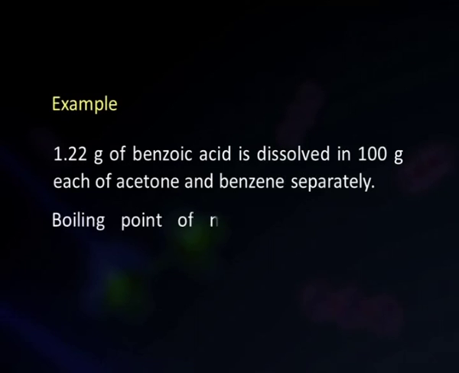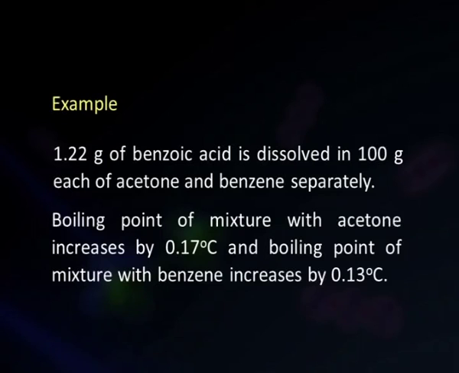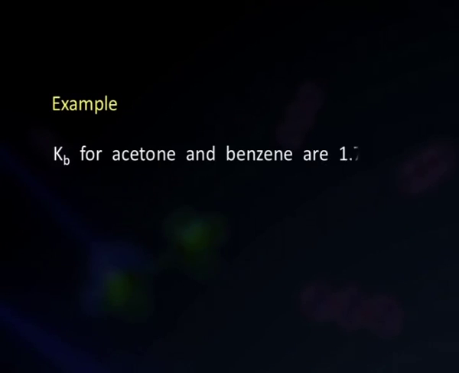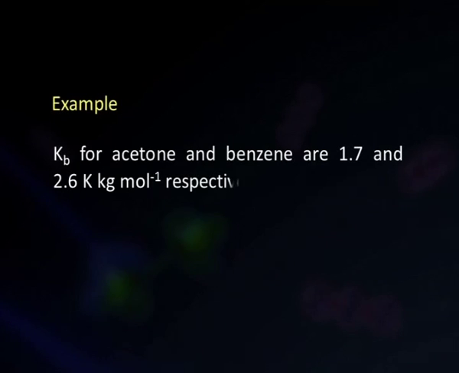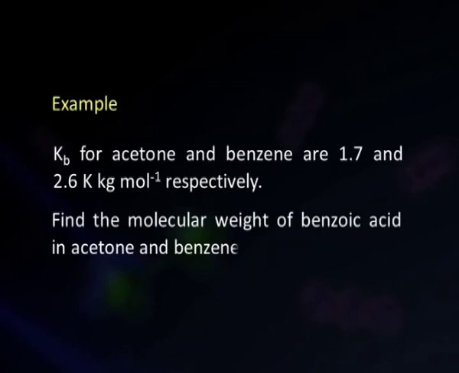The boiling point of the mixture with acetone increases by 0.17 degrees Celsius and the boiling point of the mixture with benzene increases by 0.13 degrees Celsius. Kb for acetone and benzene are 1.7 and 2.6 Kelvin kg per mole respectively. Find the molecular weight of benzoic acid in acetone and benzene.